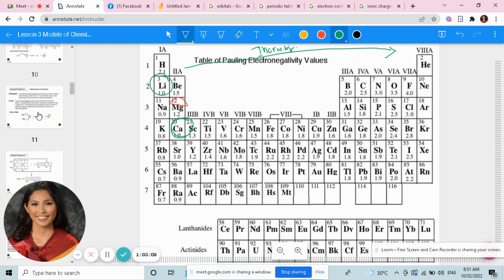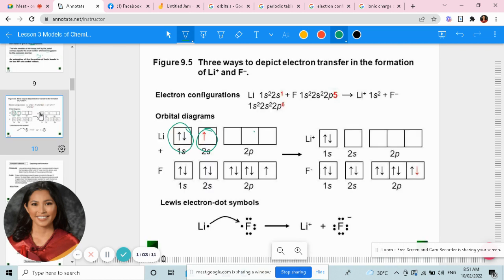How many valence electrons? 7. So these 7 will be involved in chemical bonding. So we have lithium, one valence electron, and fluorine has seven valence electrons.